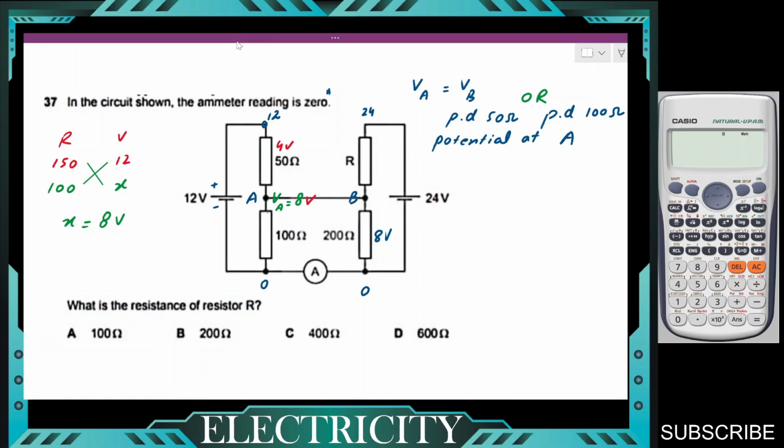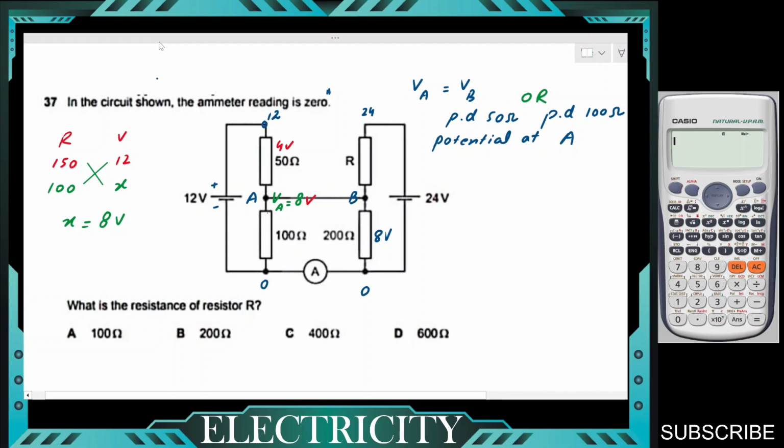And then we can say that indirectly, just take a look at the second circuit now. Out of 24 volts, 8 volts would be dropped across 200 ohm.